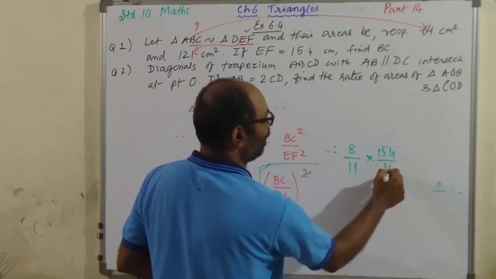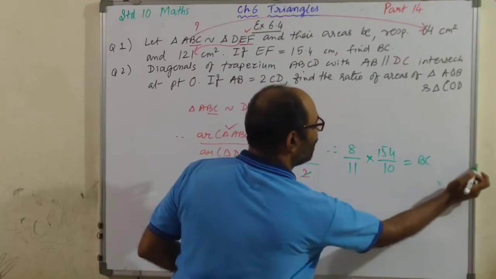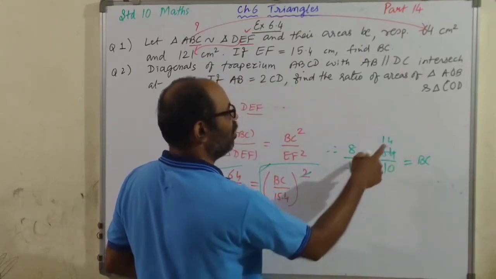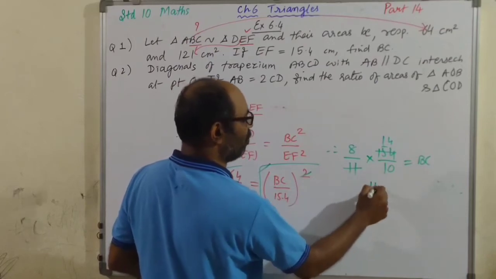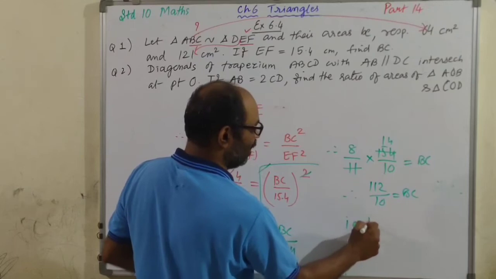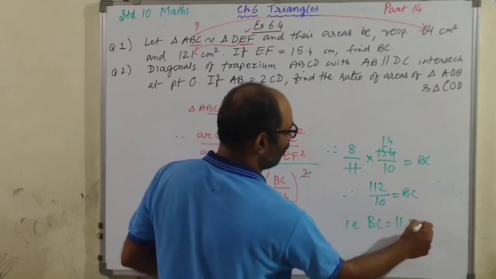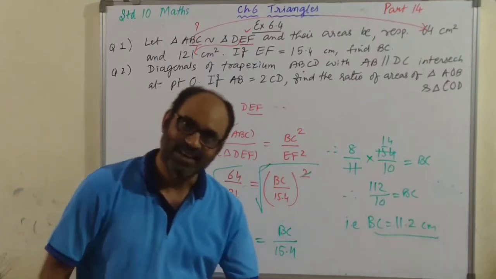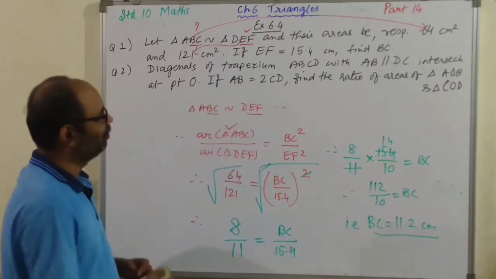If you remove the decimal, 10 is equal to BC. 11 1s are 11, 14, correct? 80 and 32, 112 upon 10, that is equal to BC. i.e. BC is equal to 11.2 centimeter. So that is the result. Got it, children? Sure? Okay.